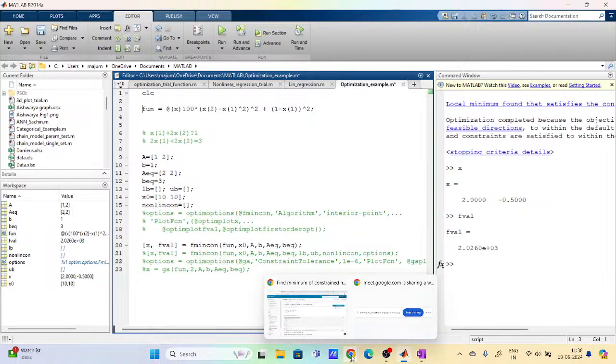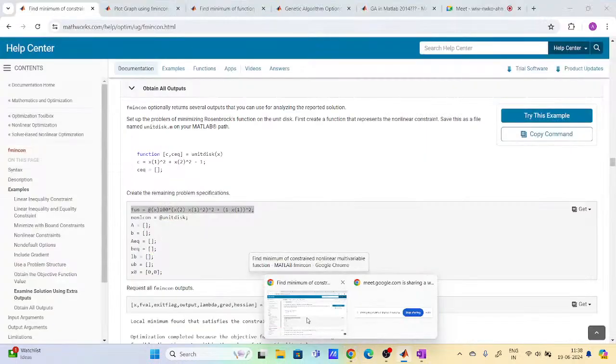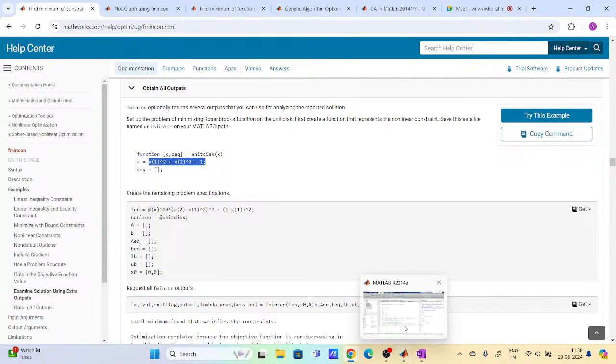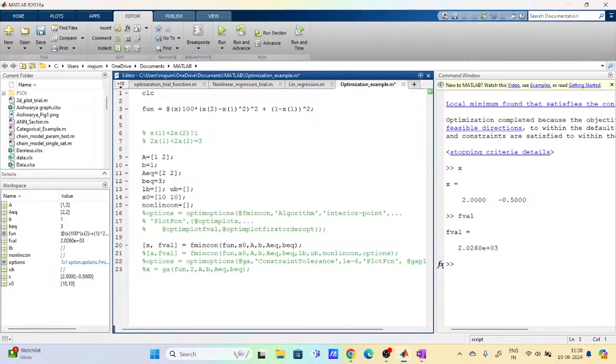Let's suppose the same function is used, but there is no other constraint except only a nonlinear constraint. The nonlinear constraint is this. This is the only nonlinear constraint.